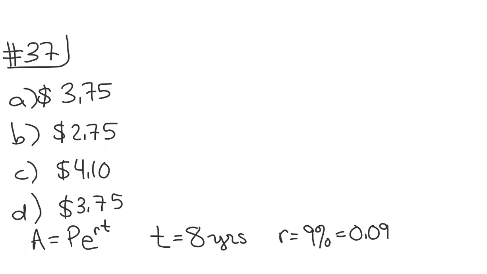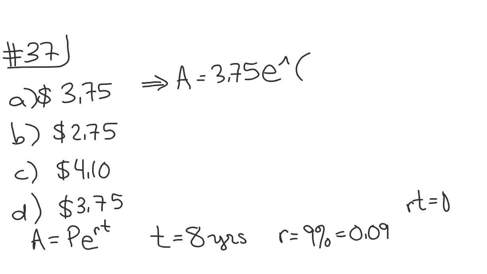So if we use the formula on each of these, then we have 3.75 times e to the power, well, we could multiply rt for each of these, right? That would be 0.72. Let me double check.